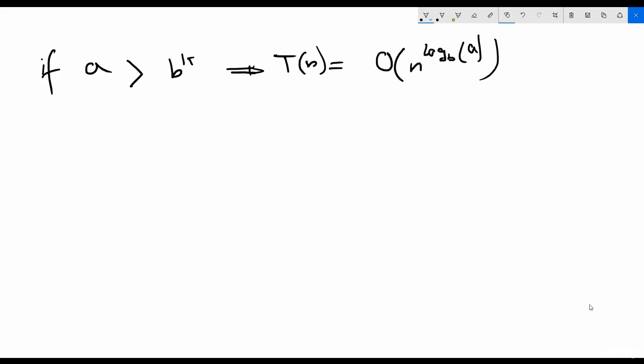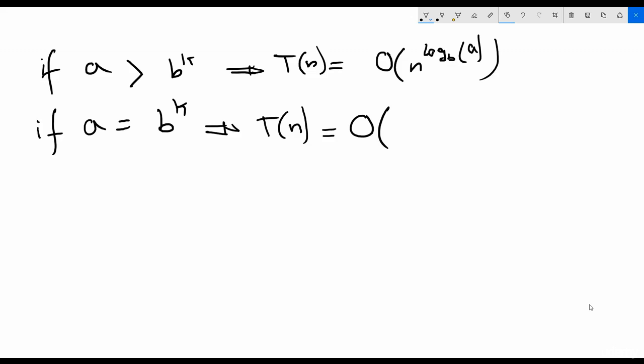Okay, so this is the complexity. If a equals b to the k, then the complexity of the algorithm T equals order n to the k, sorry, n to the k times log base b of n.